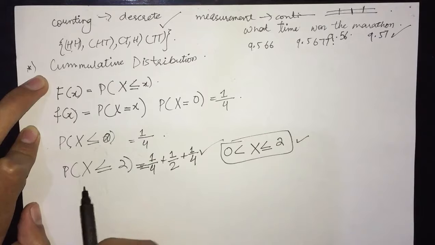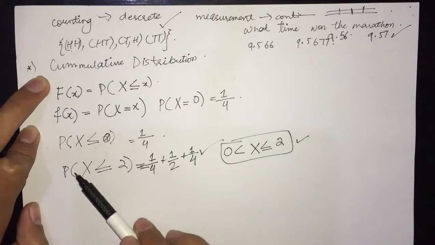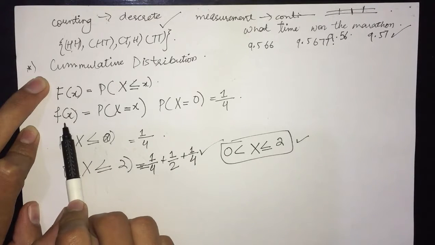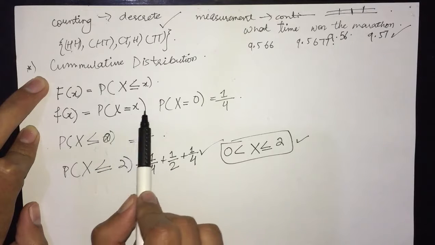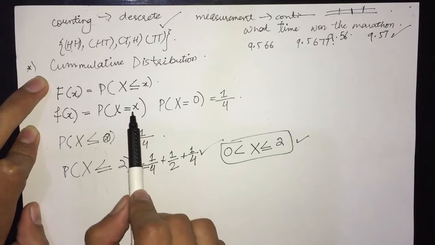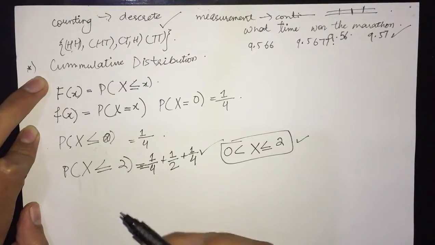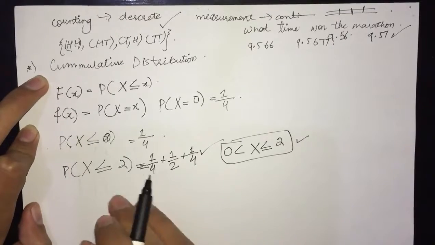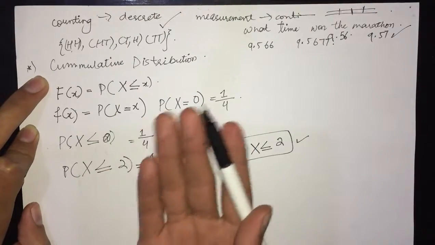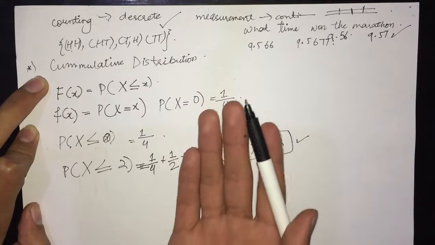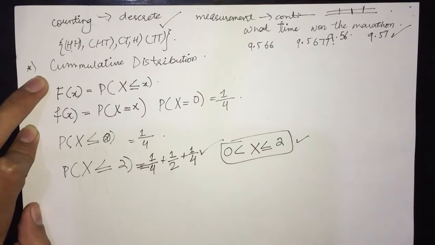So what's the difference? The probability mass function just demands the exact value. But the cumulative distribution function demands the value and gives you the probability of that value and also of the values which are less than the value you specified.